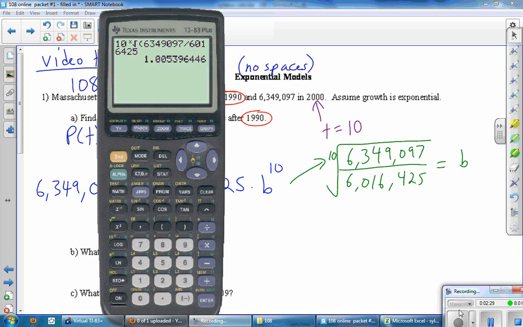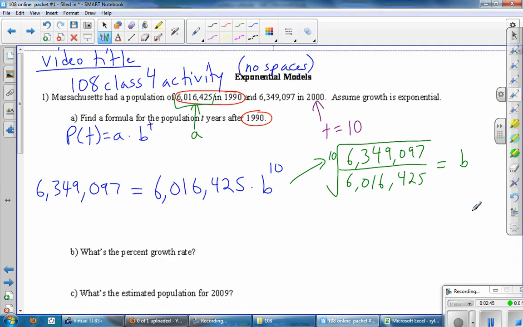So we get about 1.0054. I'm going to write down 1.0054, but I'm going to store this as the number b, just in case we want to use it later. That will be the most accurate way to use that answer. So b is roughly 1.0054.